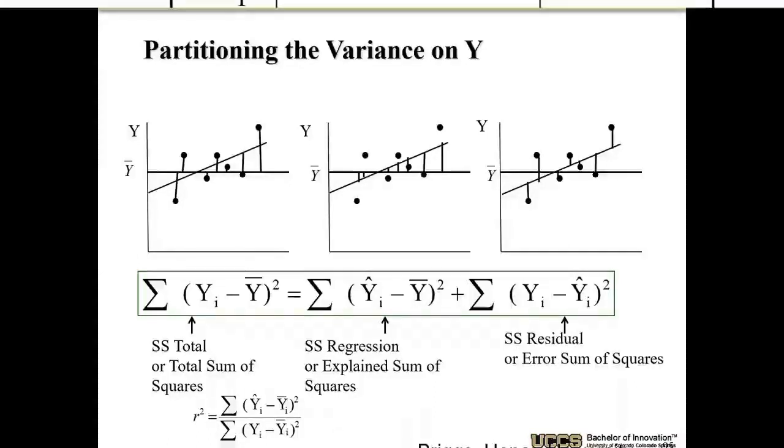So I get, again, the regression or explained sum of squares and the residual sum of squares. So that actually gives me an interpretation of this in terms of how much of the variance or the sum of squares am I explaining and what's left over after I've tried to explain it by the line. And that's because if the data is following a line, there's going to be a difference among all the data points. But the regression is predicting that difference, so I can subtract the two out.